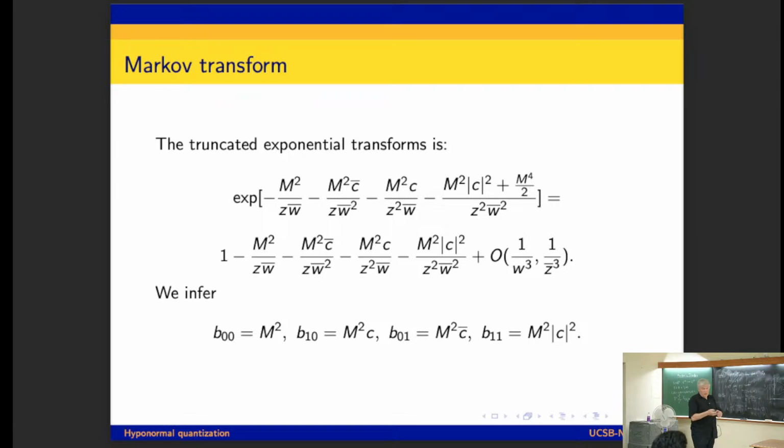So the coefficients of the Markov transform, the coefficients of the exponential transform of the generating series, are exactly listed here. These are the coefficients. Well, let's look at the matrix. The first thing, we put them in the matrix, 0,0, 1,0, and so on, 1,1, and check the determinant.